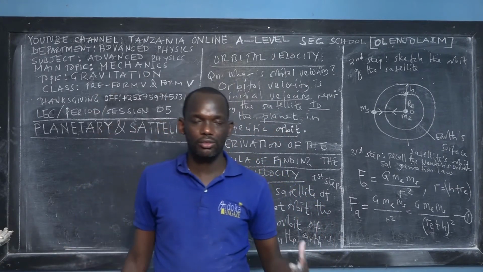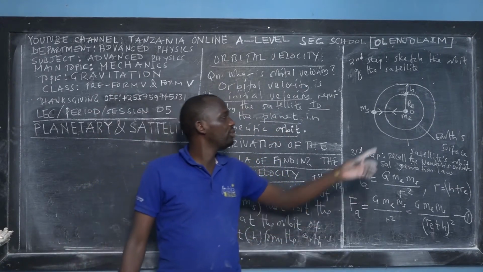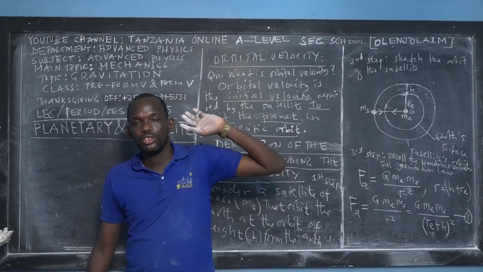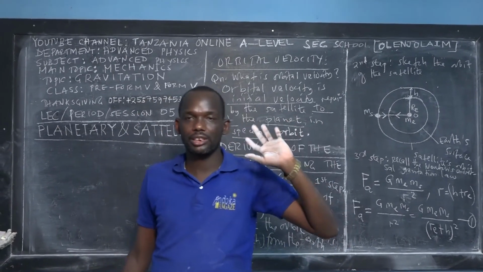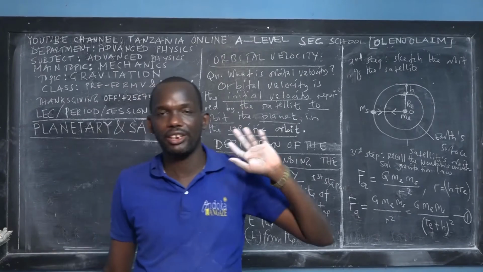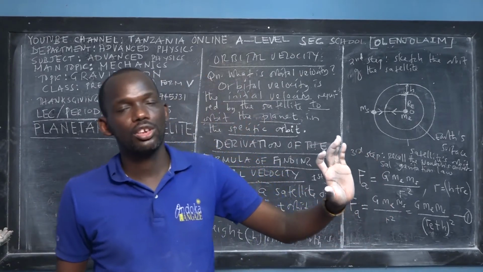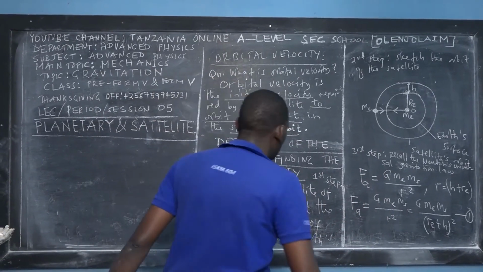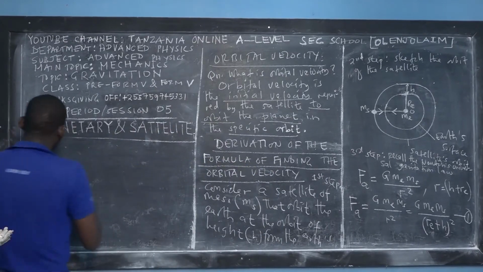This centripetal force is always acting toward the center. So the satellite, the natural or artificial satellite, is the one providing the centripetal force towards the Earth. So that's the third step.